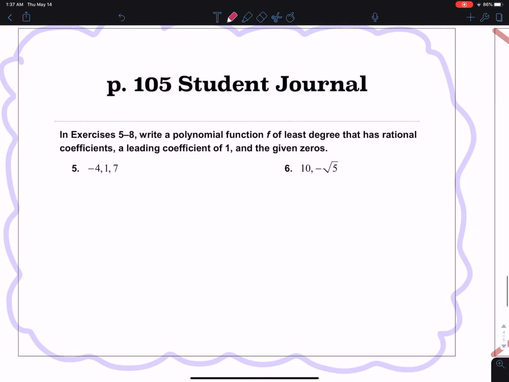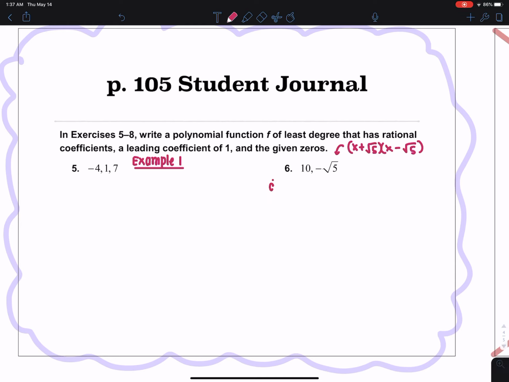Number 5 is more like example 1. There are no irrationals or imaginary or complex, but this one with the negative square root of 5, make sure that you do x plus the square root of 5 and x minus the square root of 5 when you are finding this.